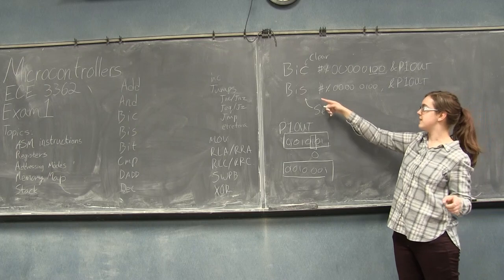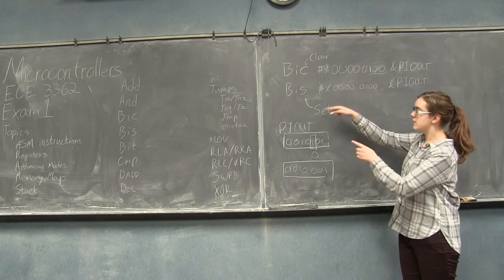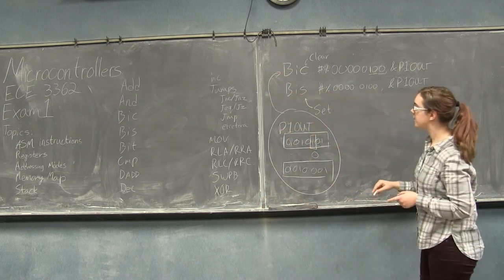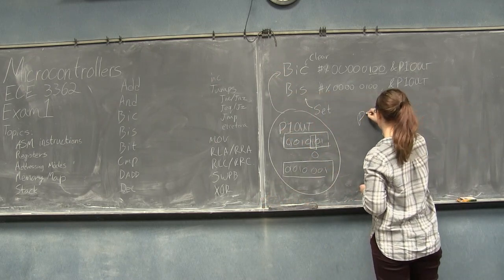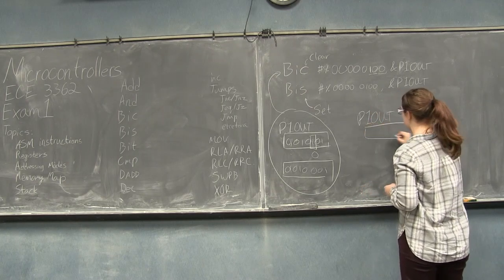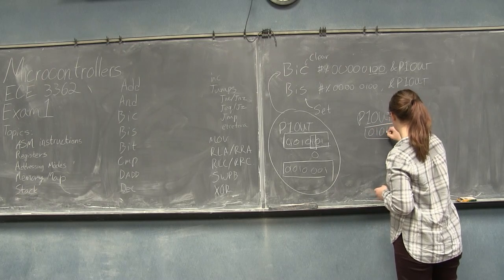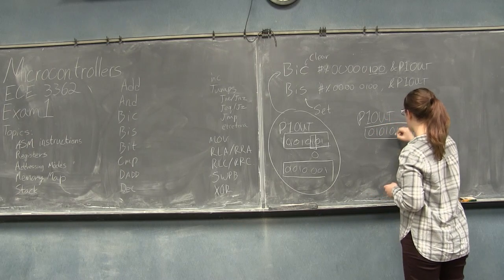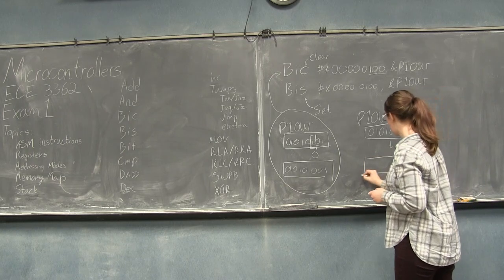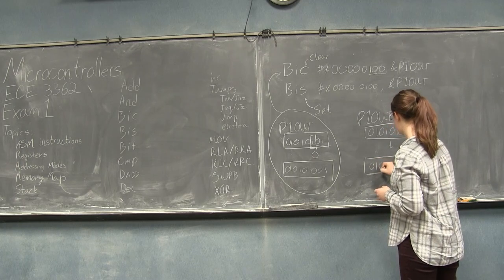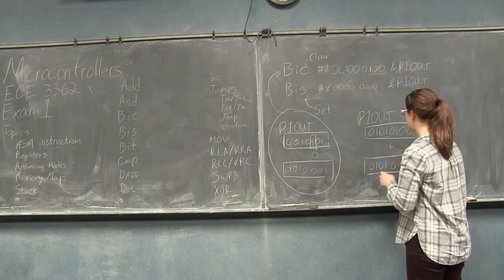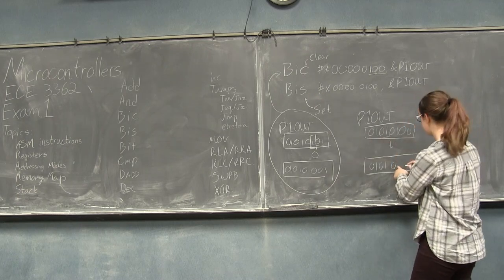But you can just remember it by saying it will clear this bit or it will set this bit. So this is what happens for bit clear. For bit set, when you have some value, it will force this bit, 1, 2, 3, 4, bit set will force it to be a 1.